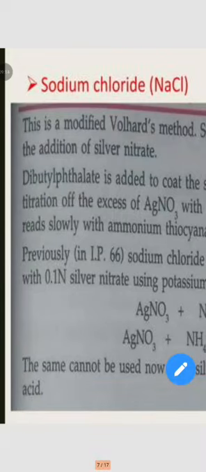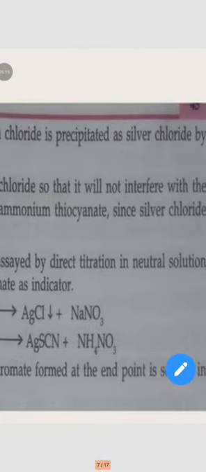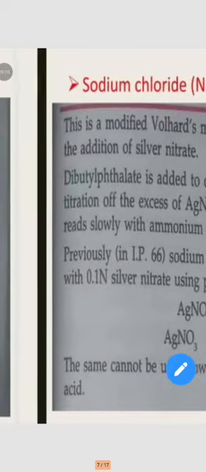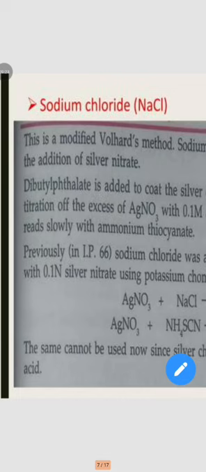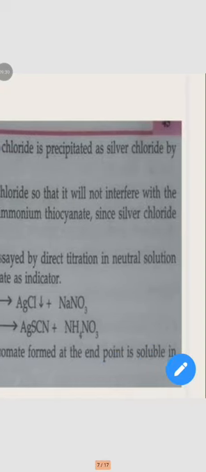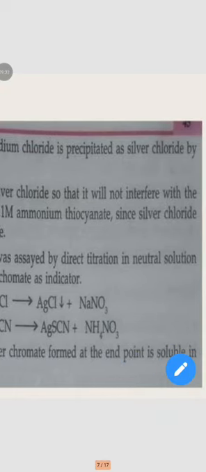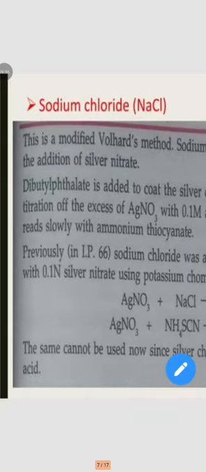Then this is a modified Volhard method. Sodium chloride is precipitated as silver chloride by the addition of silver nitrate.